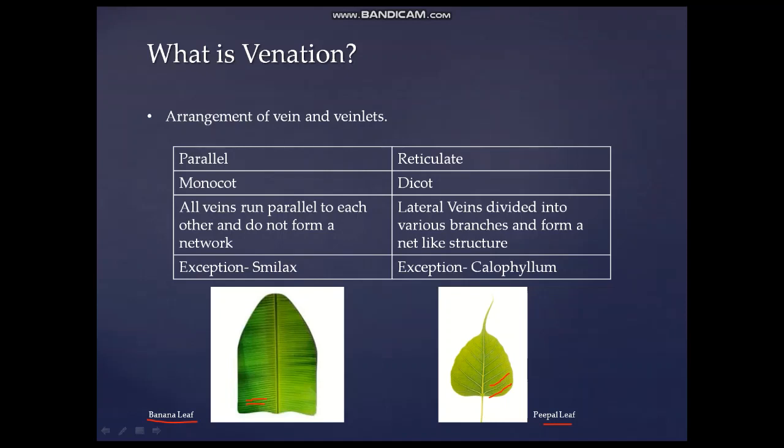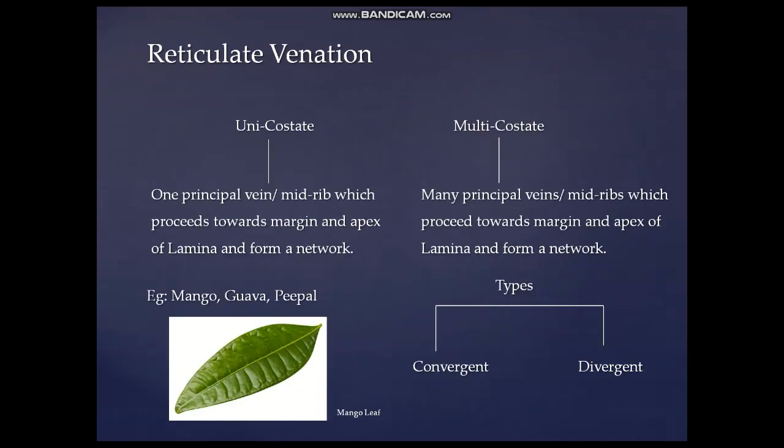Now the reticulate and parallel venations are further divided on the basis of the midrib, how the veins reach from the petiole to the apex. They are of two types, unicostate and multicostate. Uni means one, costate means rib.